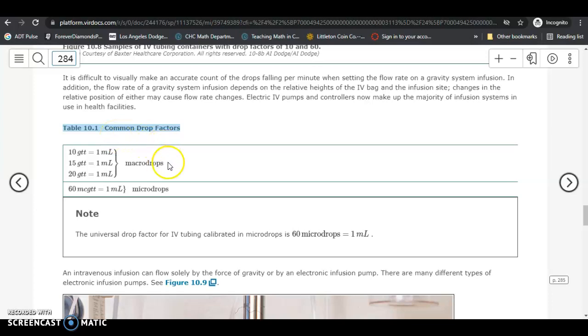For macro drops, which depend on the tubing being used, 10 drops could be 1 milliliter, 15 drops could be 1 milliliter, and so on. Now, micro drops is universal. 60 micro drops is equal to 1 milliliter, and that's always the case. That's the universal calibration of the tubing, and that's what we're going to use to do this problem.